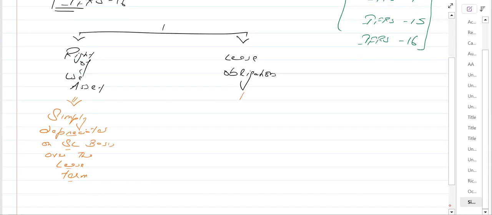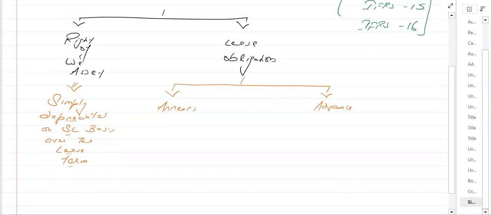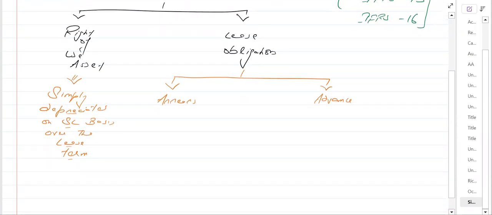In the lease obligation, we have two sort of things. Lease payment in arrears and lease payment in advance. And I will clearly explain this in the leases lecture. And you can see in the slides as well. So the working in arrears is opening balance, and this is the present value of obligations.